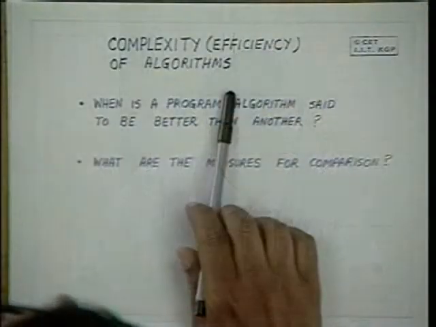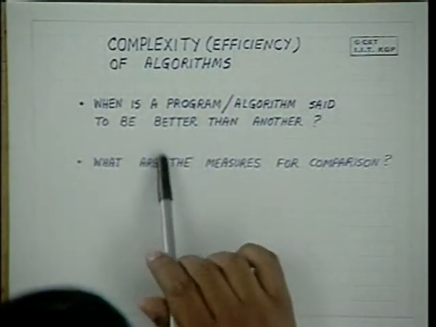The foundation of all these things lies in the concept of efficiency or complexity of an algorithm, and this must be understood first before we proceed towards designing good algorithms and data structures. So the topic of today's lecture is an introduction to the complexity or efficiency of algorithms.